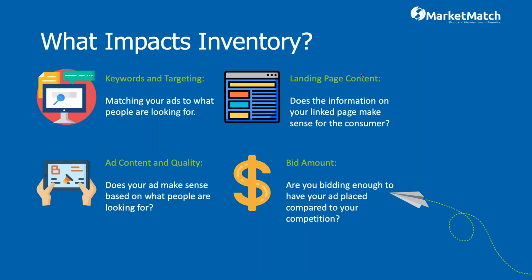So if you're talking about car loans in your ad and you've targeted keywords about car loans, but you're driving them to the landing page for contact us on your website, that's going to degrade your ad quality score and impact what inventory is going to be available to you to place your ad.